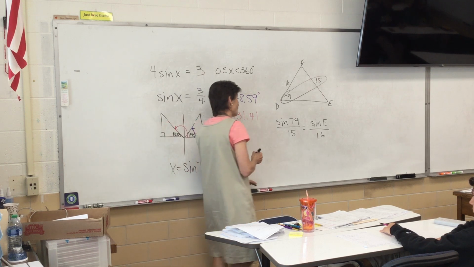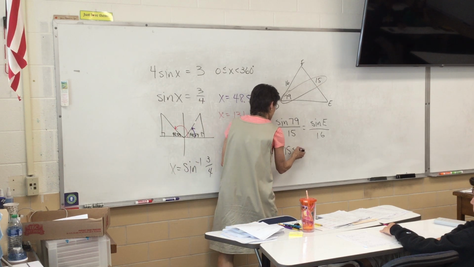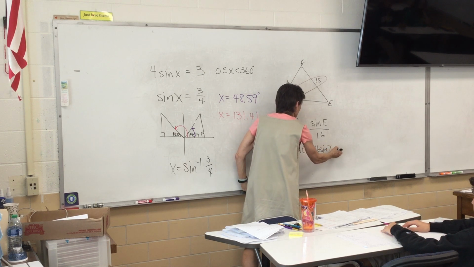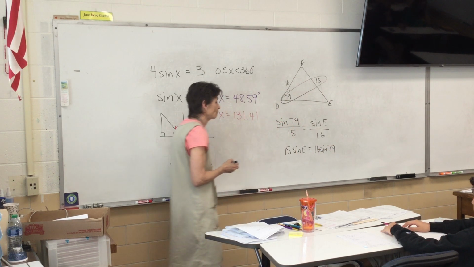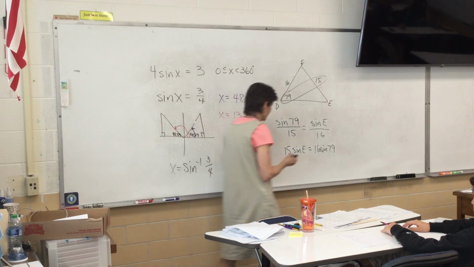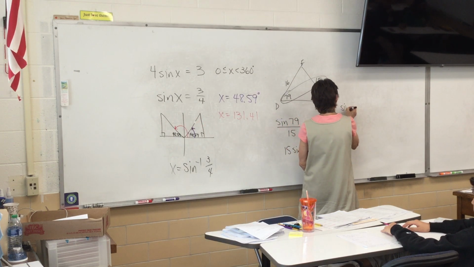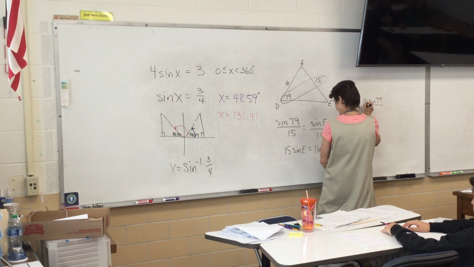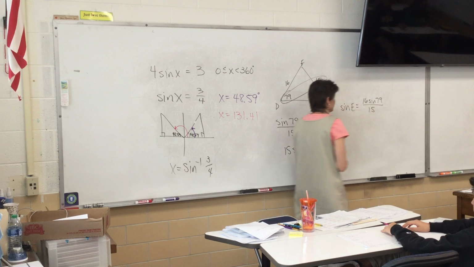Okay, so we cross multiply. 15 sine E equals 16 sine 79. Then we'll divide. So sine E equals 16 sine 79 over 15.